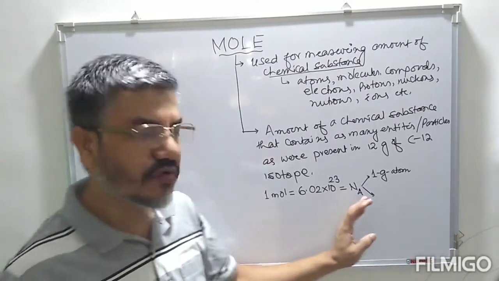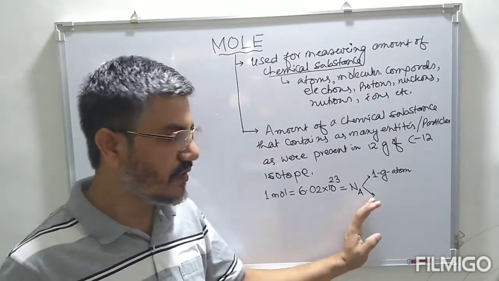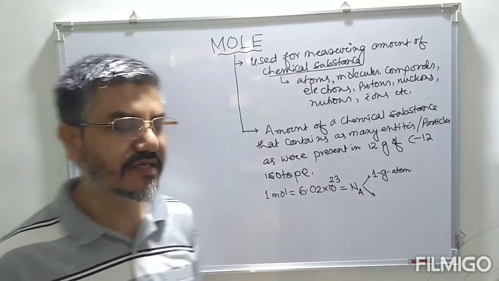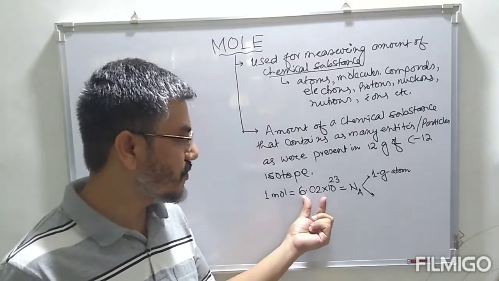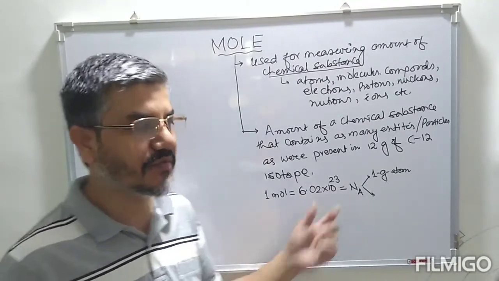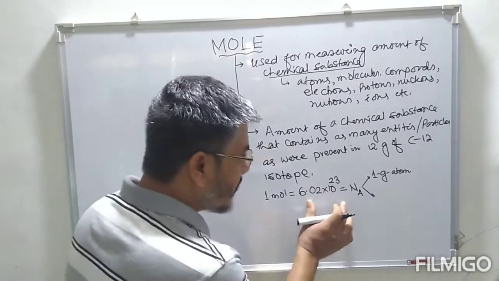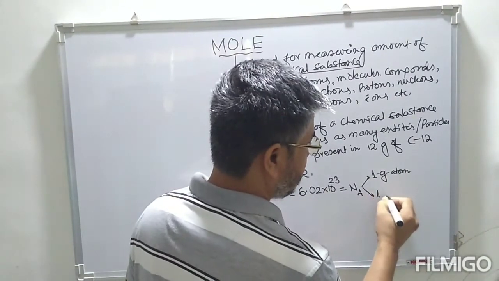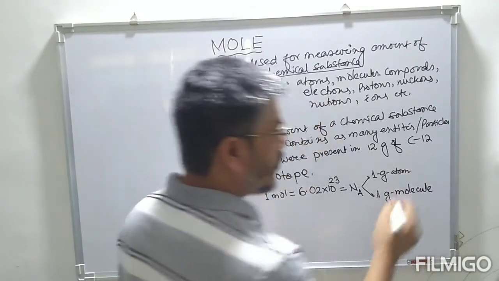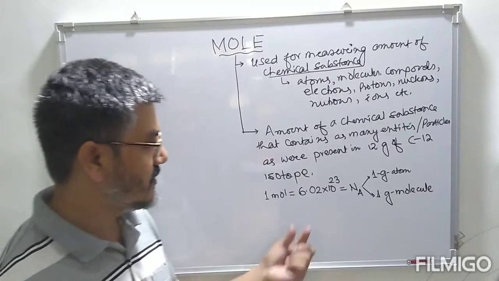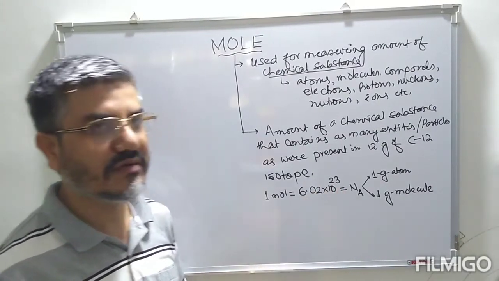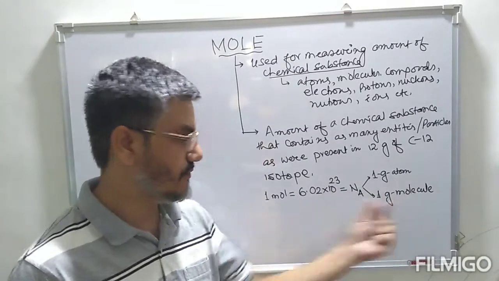Similarly, the molecular mass, or the molar mass, or the gram molar mass, was defined as the mass of 6.02 × 10^23 molecules measured in grams. So 1 gram molecule also means how many molecules? 6.02 × 10^23 molecules.